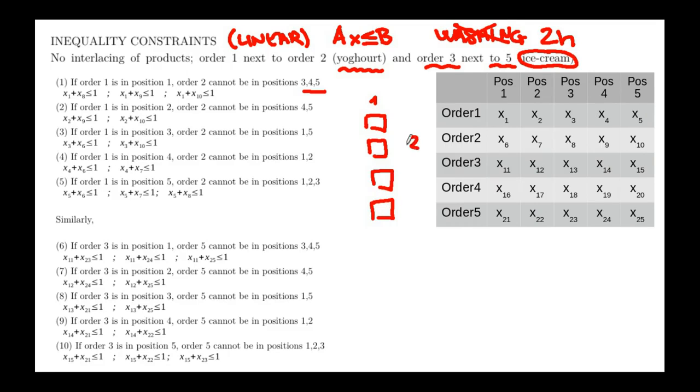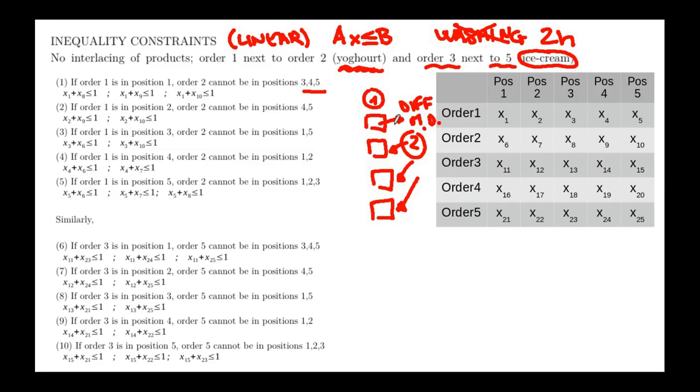So order 2 cannot be assigned here, not here, and not here. Because if I put them here, because this and this order are yogurt, here I will need not only 1 washing procedure, but 2 washing procedures, because here there will be a different milk derivative.